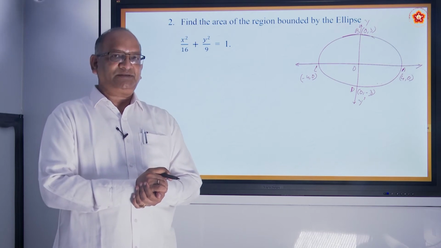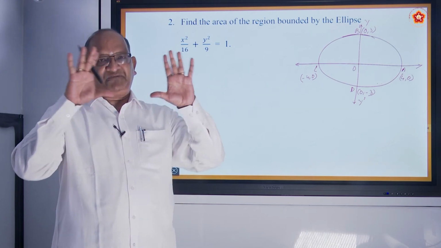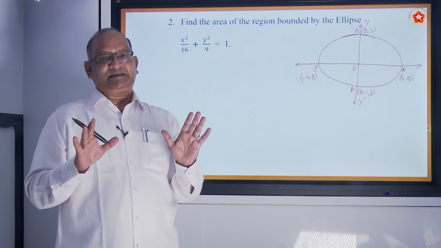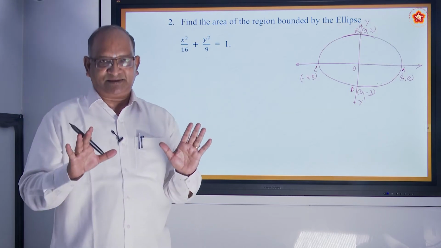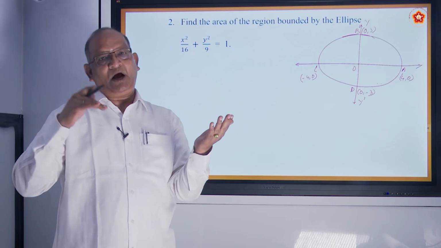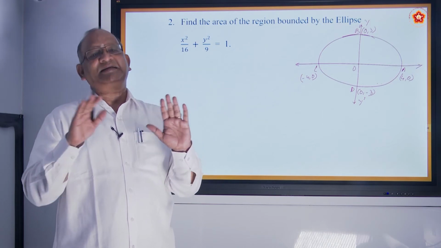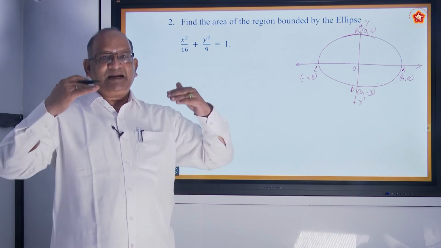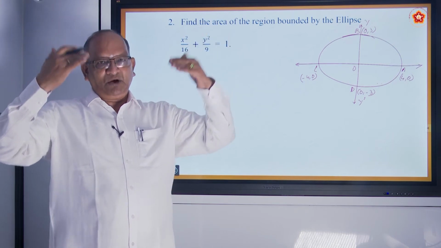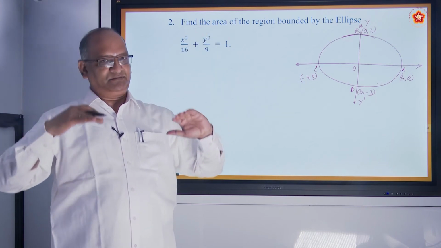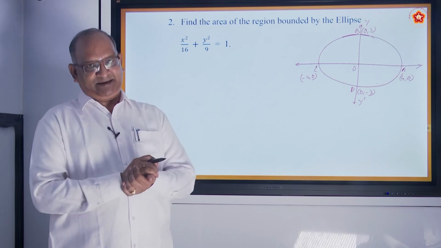Why do we do this? Because the figure ellipse is symmetric. Symmetric means it looks alike. Whether you look at the left side or the right side, it is a mirror image. Similarly, above the x-axis and below the x-axis are mirror images. So we say it is symmetric.